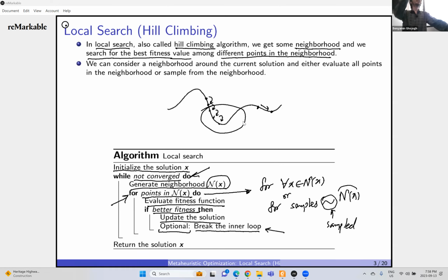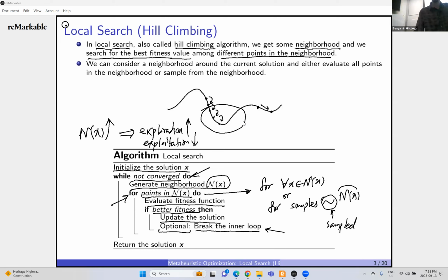In the later iterations, let my neighborhood decrease. Right? The bigger the neighborhood, the more exploration and the less exploitation. The other way around, the smaller the neighborhood, the less the exploration and the larger the exploitation. Therefore, the neighborhood X can be dynamic, or it might be fixed. So these are different variants of local search, right? Do you understand what I'm saying?